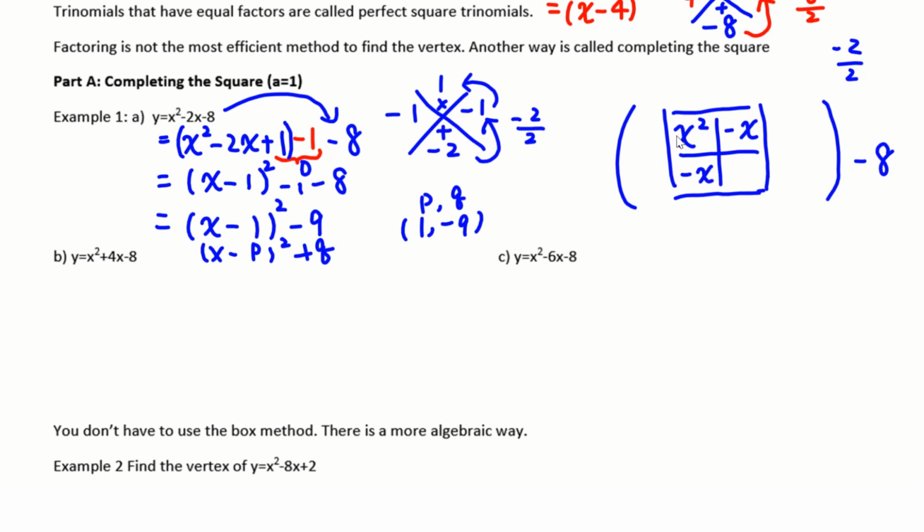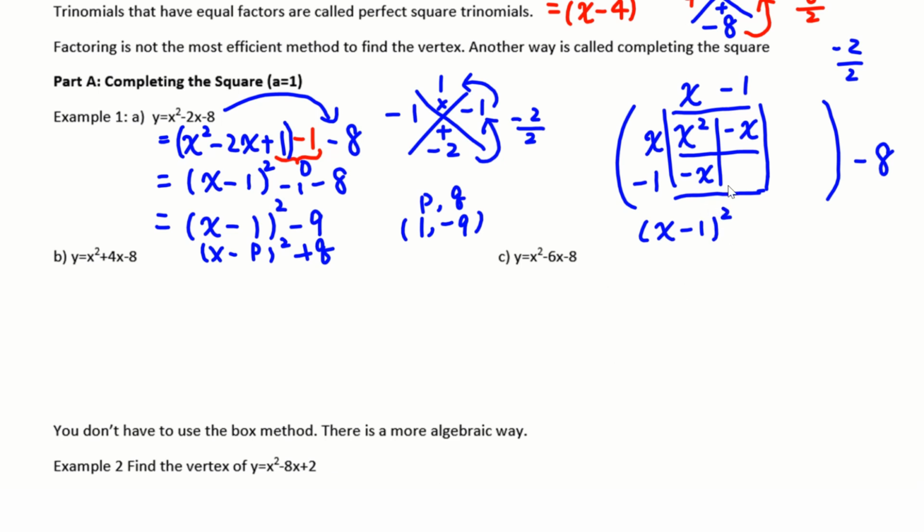Then we factor the first row. The common factor is x. We do the division. X squared divided by x is x. Negative x divided by x is negative 1. Negative x divided by x is negative 1. Then we could see this is x minus 1 bracket squared.